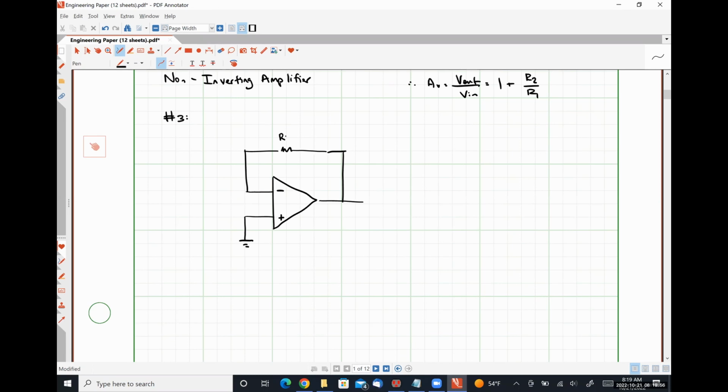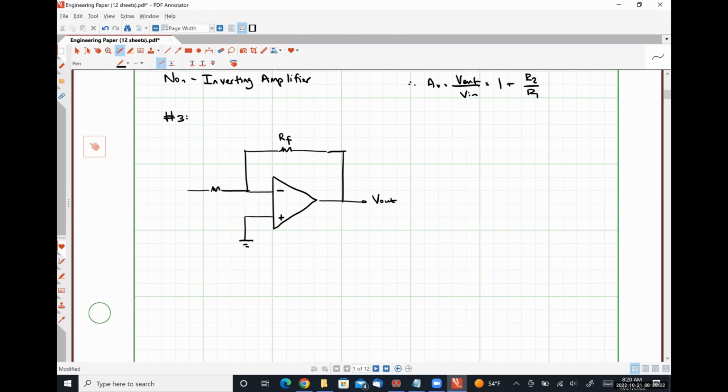I'm going to call this resistor in the feedback loop connected between my inverting input terminal and my output terminal to be RF in this case. You'll understand very momentarily why I'm not calling it R2 anymore. I'm going to measure my output voltage V out here.